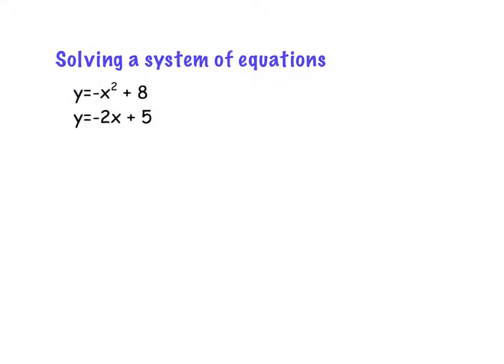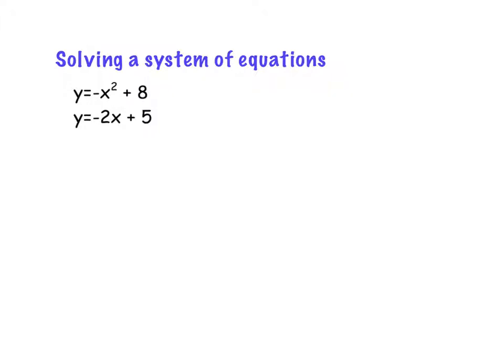If I know that negative x squared plus 8 is equal to y, and I know that y is equal to y, I know that this y is also equal to negative x squared plus 8. So a lot of teachers will refer to that as the equal values method. These both equal y, so you set these two parts, with the negative, equal to each other.